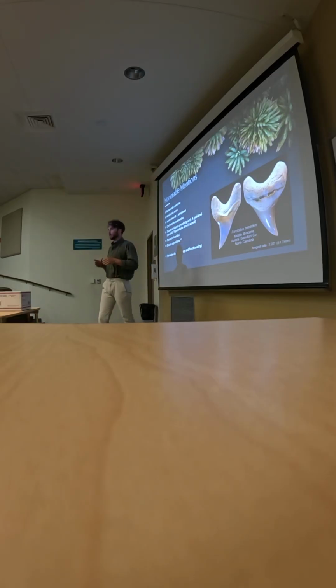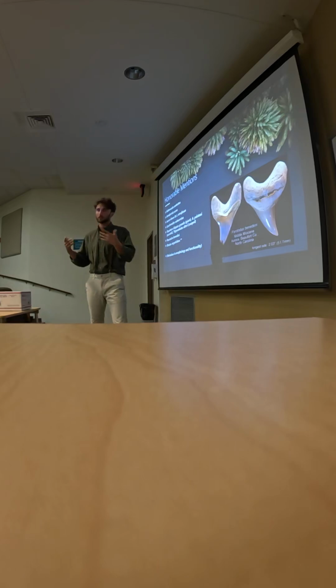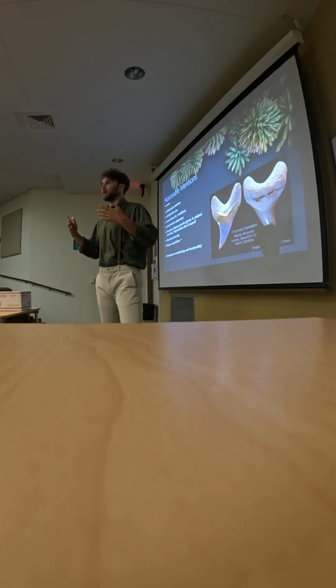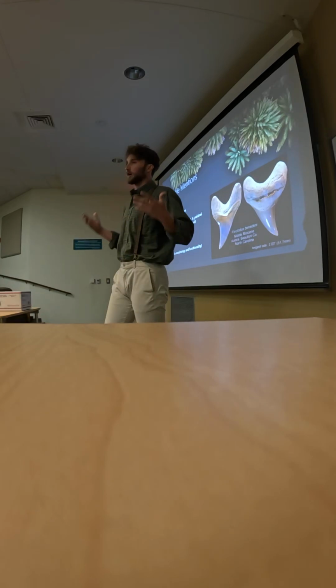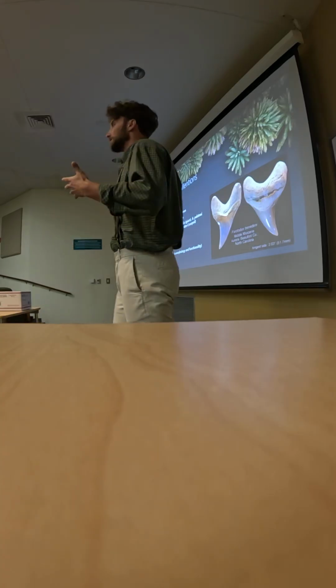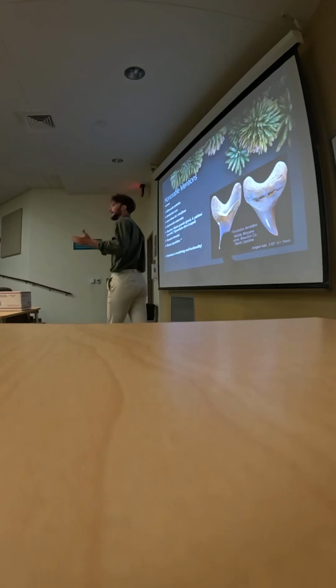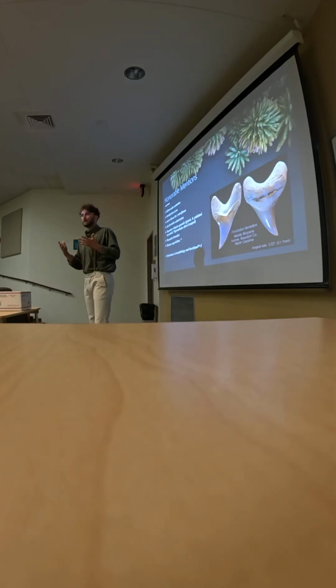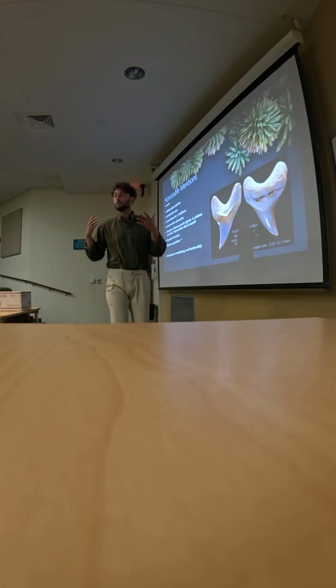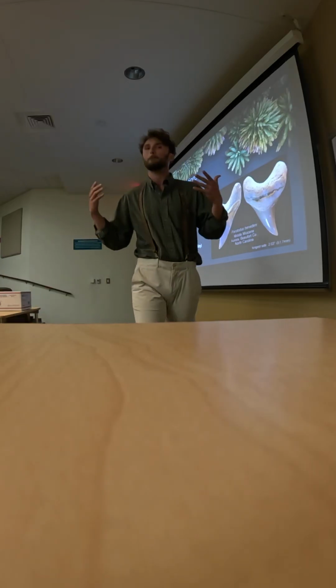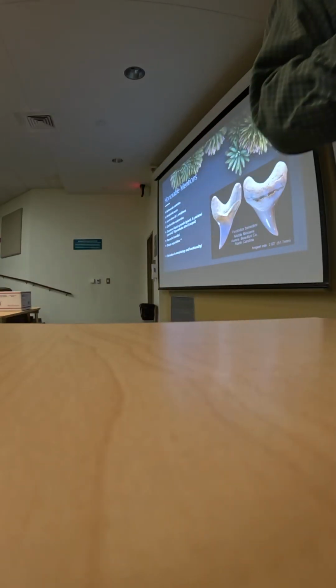But I would implore you on your own time to look into this more. But those characteristics that we mentioned can also be very, very subtle. And so once we begin to study how these morphological characteristics have changed over time, we can begin to understand the evolutionary history of sharks on a much more intimate level.